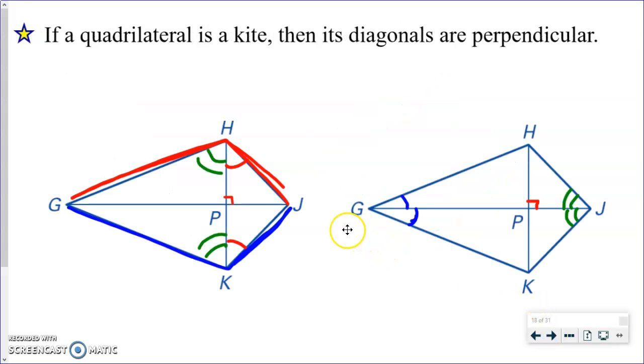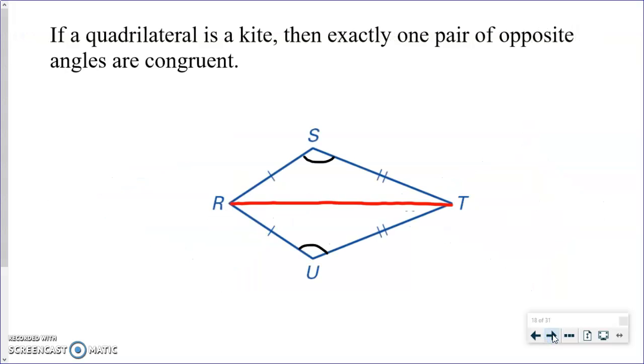Kites have a couple other properties we're going to talk about. Their diagonals are perpendicular. They've got one pair of opposite angles that are congruent.